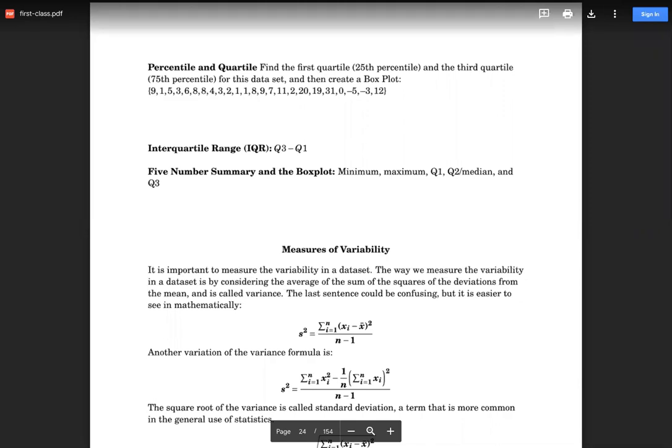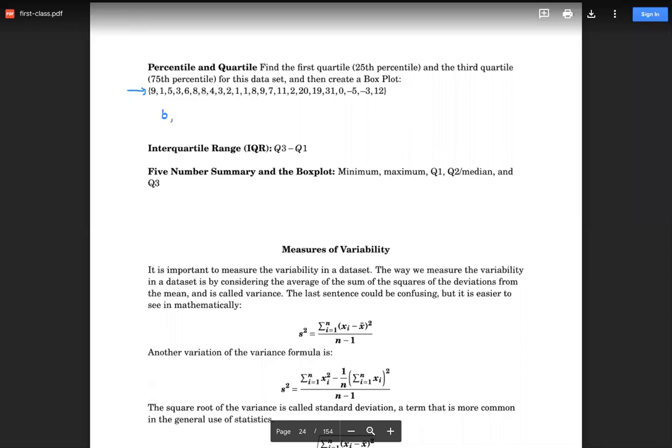When you find a percentile or quartile, you take the given data set and order it first, okay? I should have ordered it before. Let's try to do it quickly if I can.